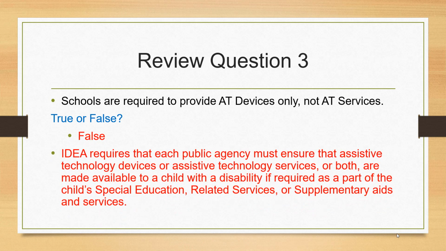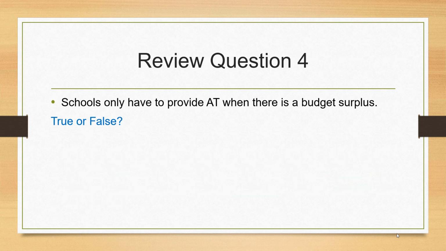This is false. IDEA requires that each public agency must ensure that assistive technology devices or assistive technology services, or both, are made available to a child with a disability if required as part of the child's special education, related services, or supplementary aids and services. Review question 4.